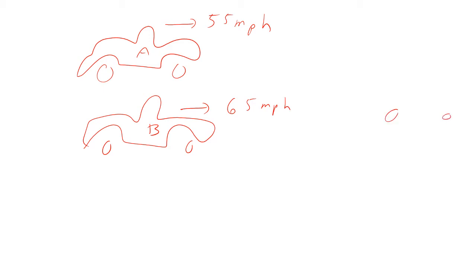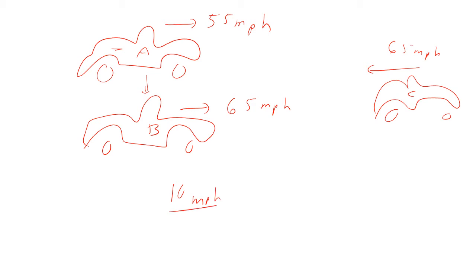Then we have another car over here heading in the opposite direction at 65 miles per hour. That's car C. If you're a driver in car A and you look out to the side and see car B, it looks like car B is going at 10 miles per hour past you. In other words, it's just as if it's going 10 miles per hour and passing you.